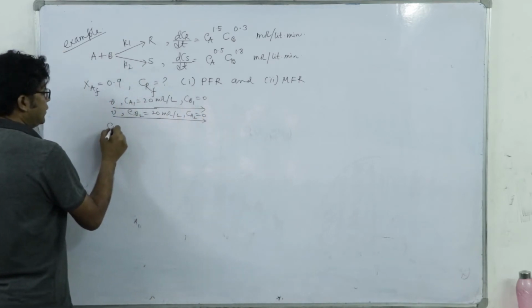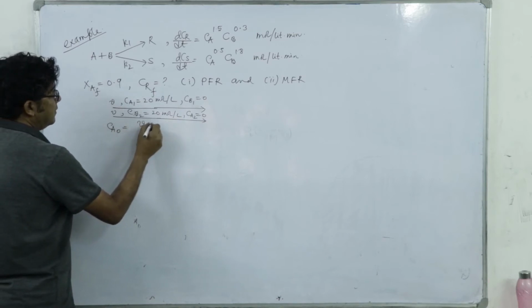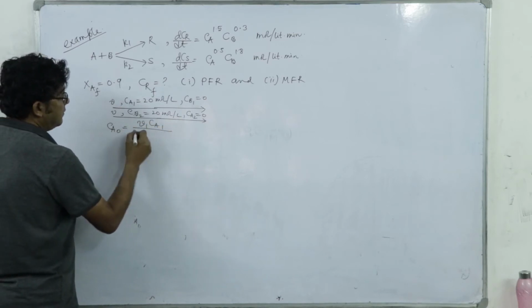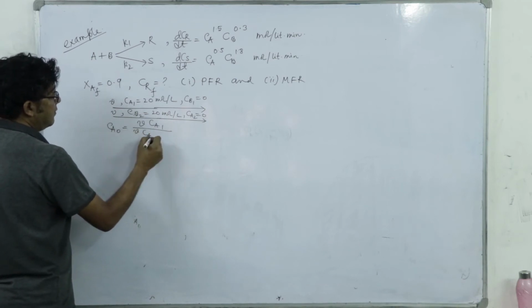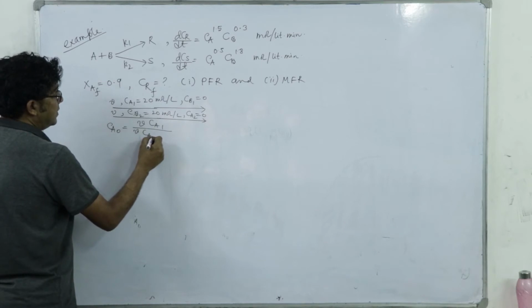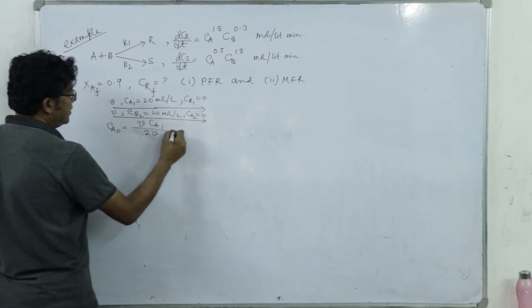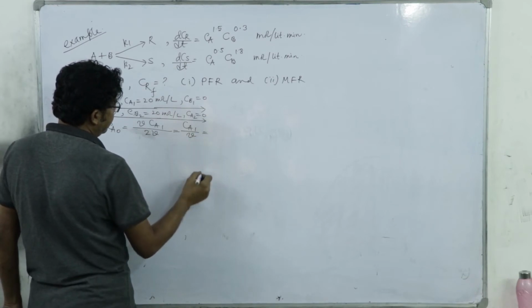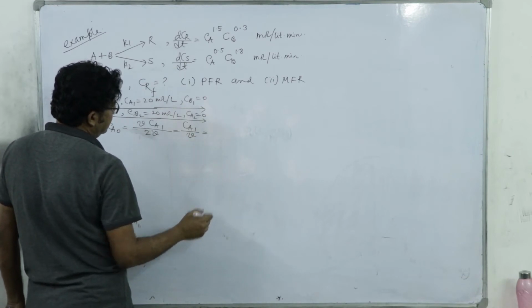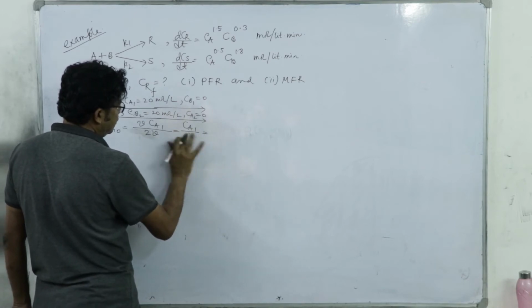So Ca0 we should use is V Ca1 divided by 2V, so Ca1 by 2.